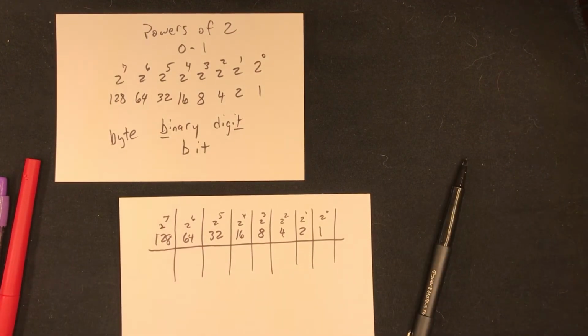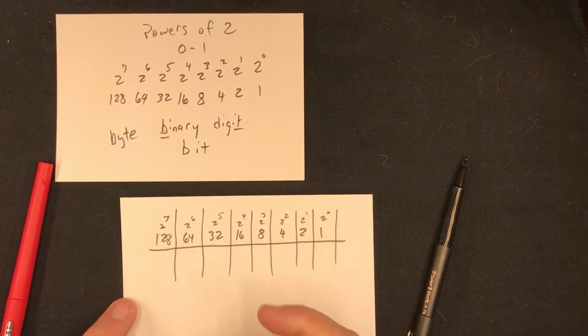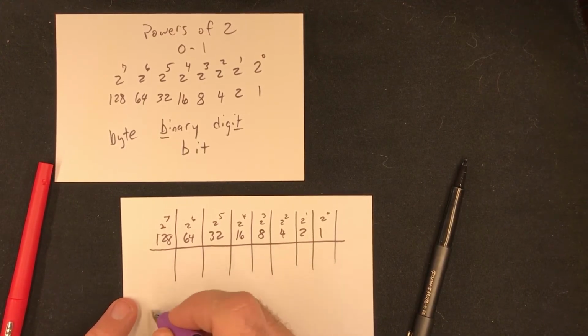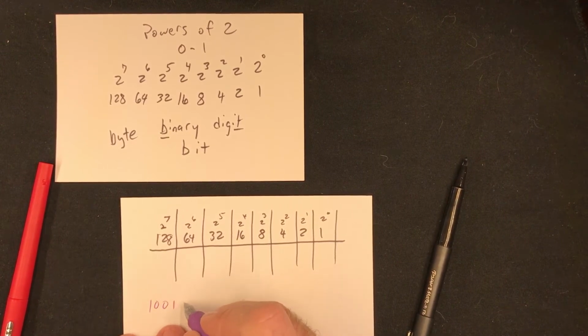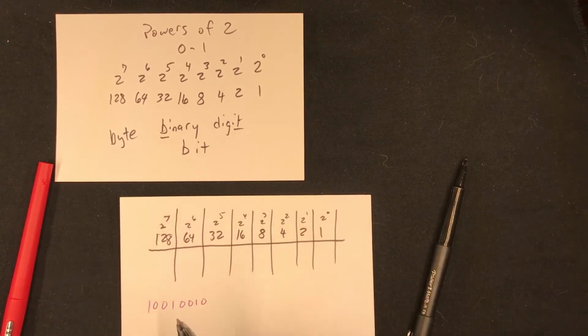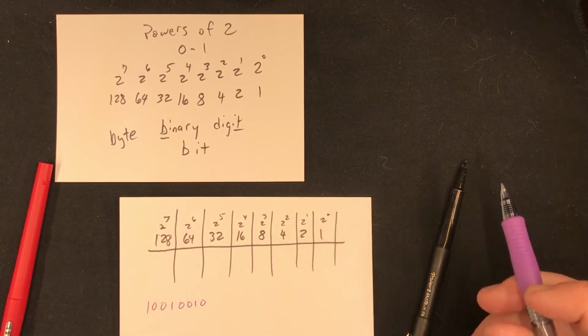And then let's say they give you an 8-bit number. Let's see here. What is 1, 0, 0, 1, 0, 0, 1, 0? There's an 8-bit binary number, and I want to see what that is in decimal.